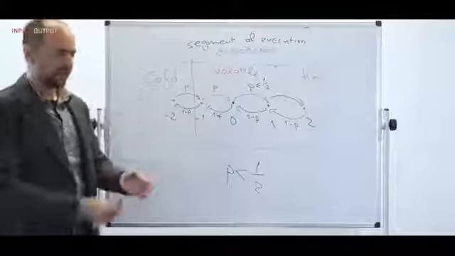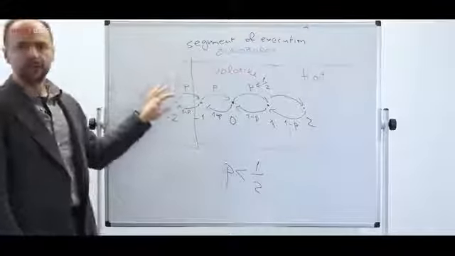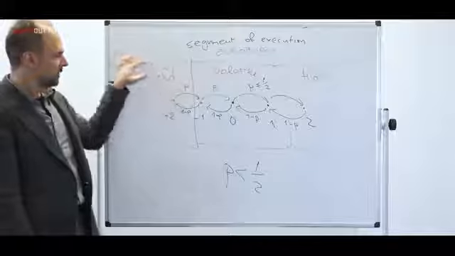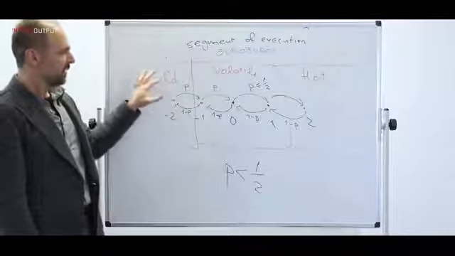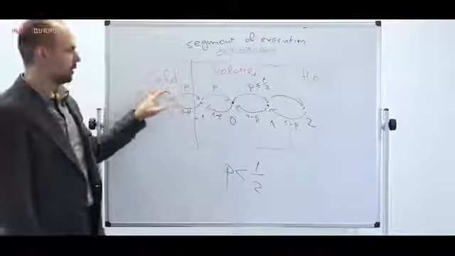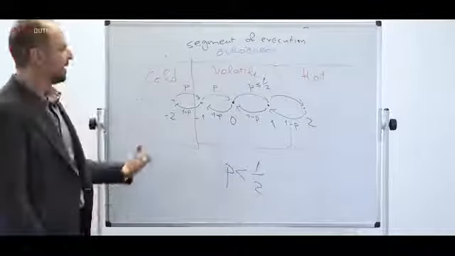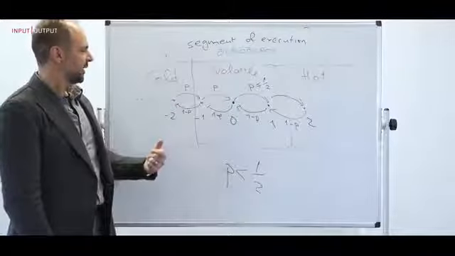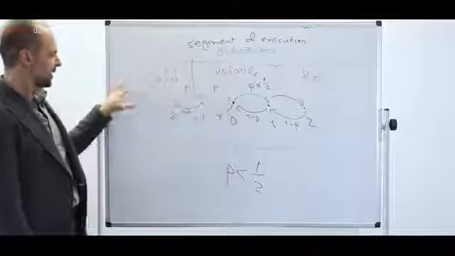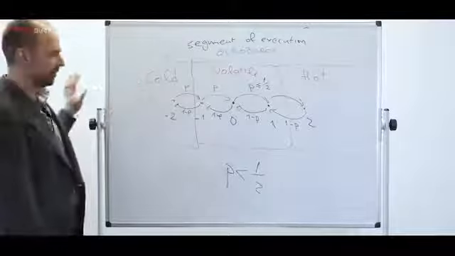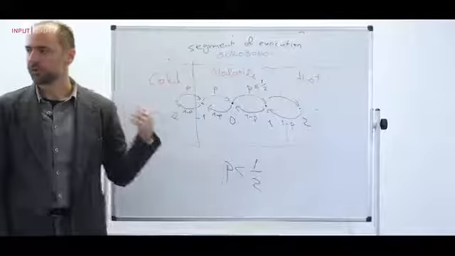We can prove that after a sequence of steps, you're going to find yourself in the cold territory, and once you find yourself in the cold territory, it will be very unlikely that you will be able to return back to volatile or hot. What actually is going to happen is that after a number of sequences of steps, you're going to find yourself in this territory and eventually escape to the left. That's because the random walk has a bias to the left.